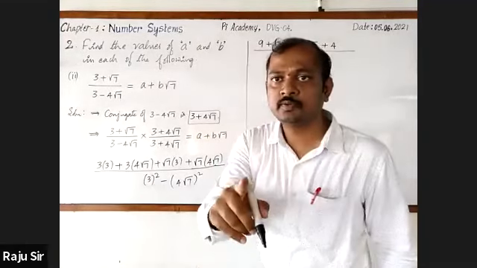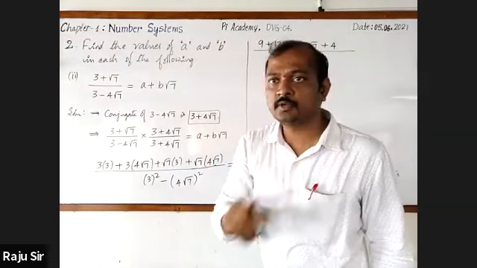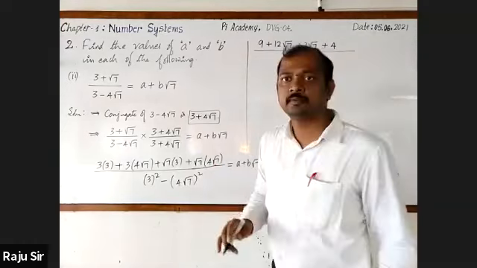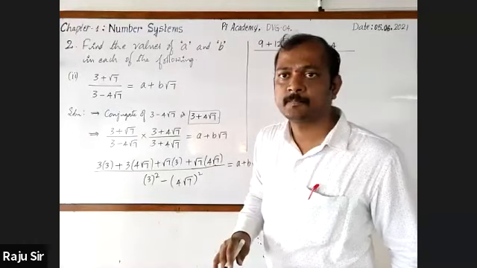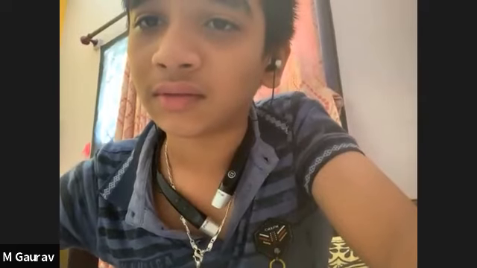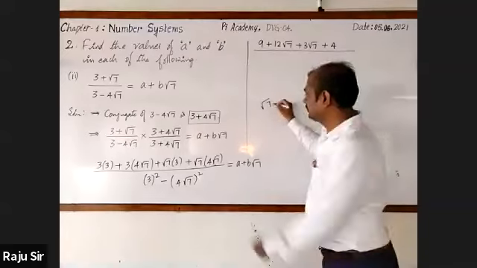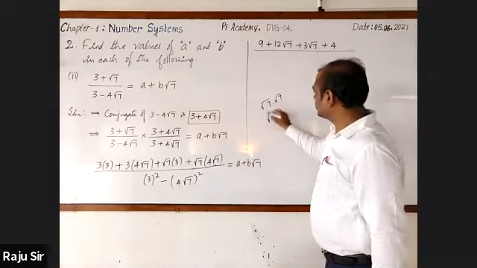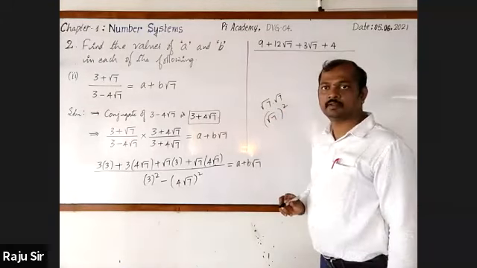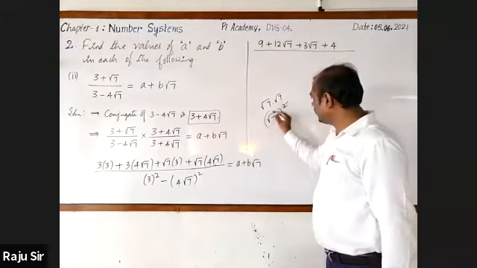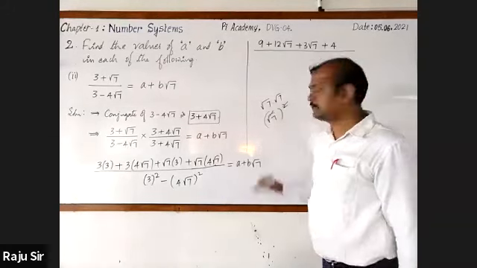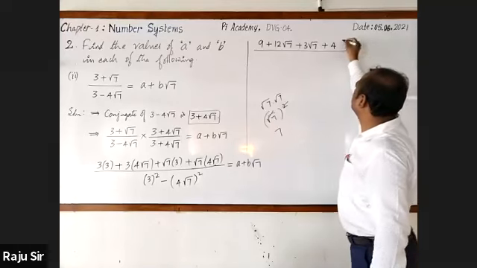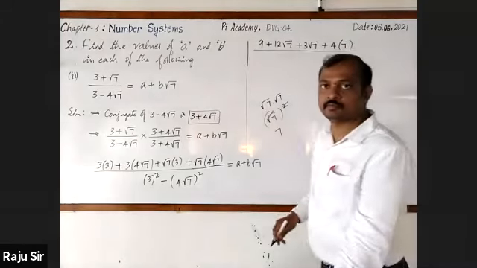What is root 7 into root 7? Root 7 whole square. Square and root get cancelled, 7 will remain, into 7.